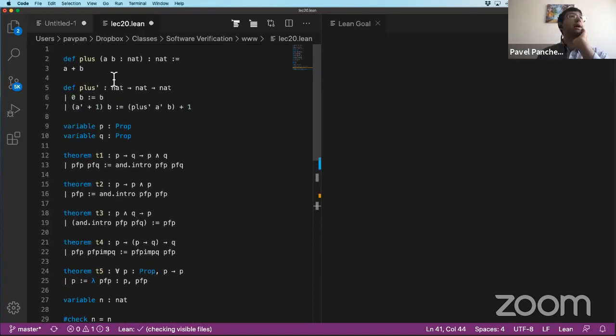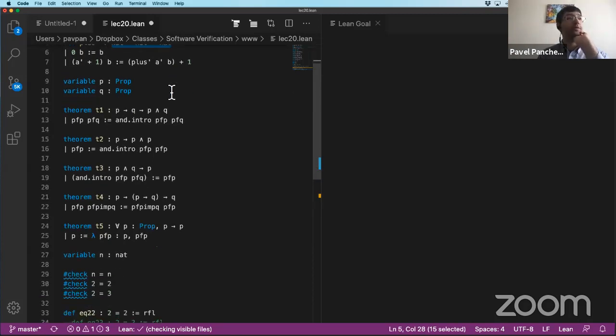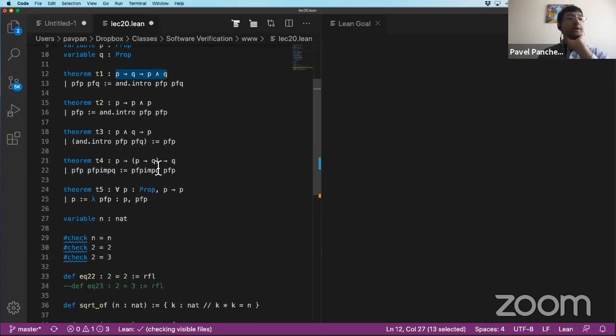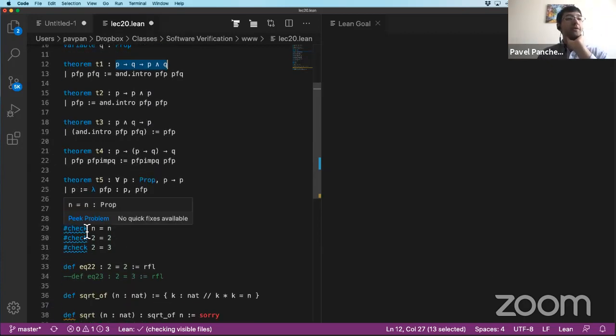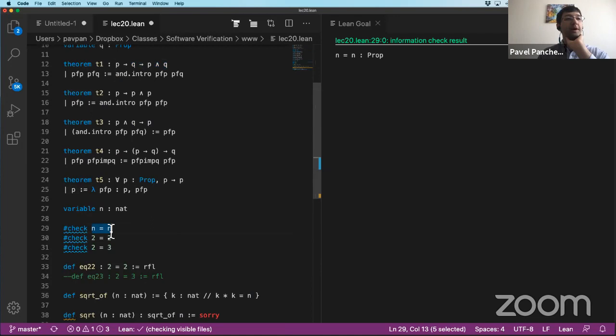Oh yeah, so when I write down def, and then I have some kind of proposition here, what I write down with check is basically asking Lean to tell me, is that a proposition? So this hashtag check is really an instruction to Lean to give me additional information about what's going on. It tells me that n equals n is a proposition.